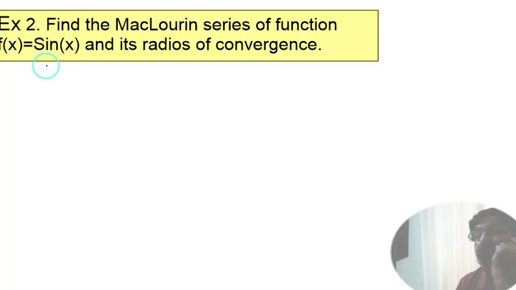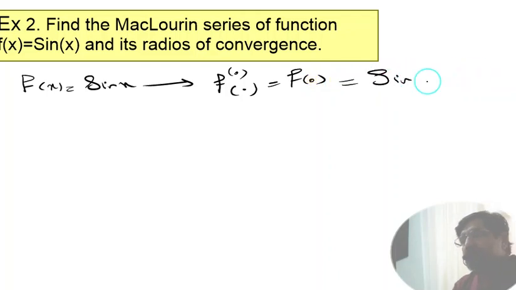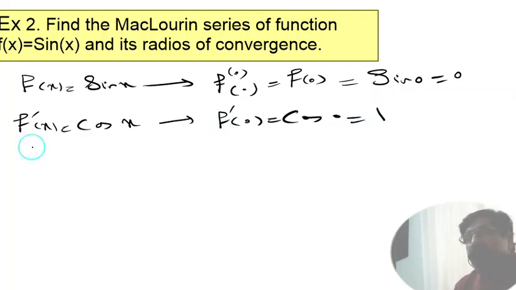Example 2. Find the Maclaurin series of the function f(x) equals sine of x and its radius of convergence. f(x) is sine of x, so the zeroth derivative of f at 0 is f(0), sine of 0, this is 0 exactly. f prime of x is cosine of x, so f prime at 0 is cosine of 0, that's 1.